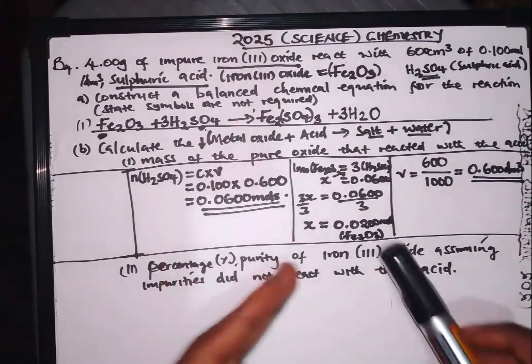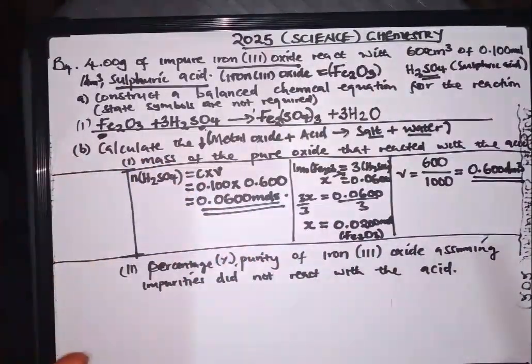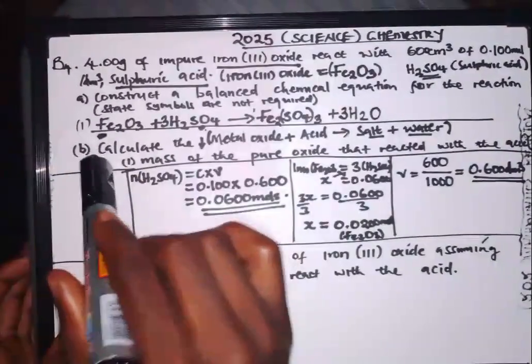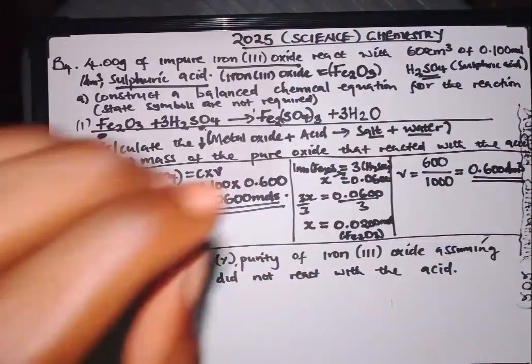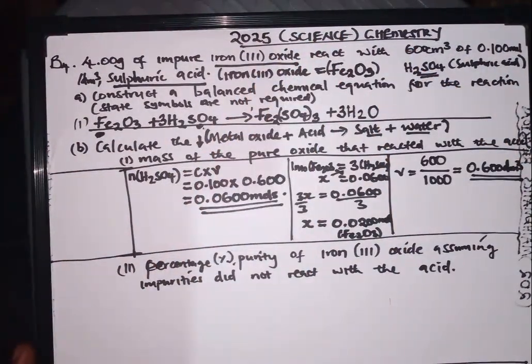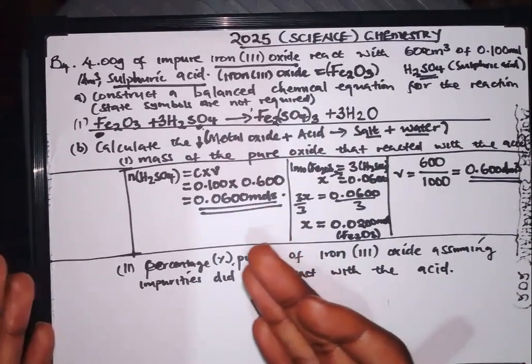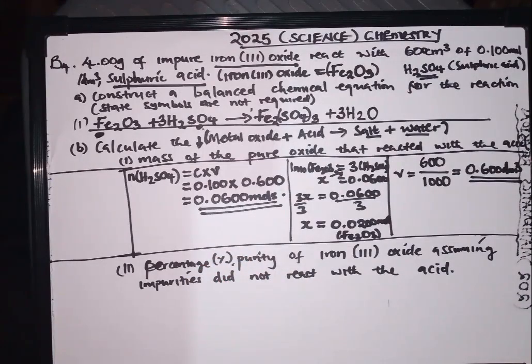We were calculating now the moles of iron, or the moles of the pure oxide which we are told. So now we have the moles. So meaning the only part remaining is now calculating the mass.